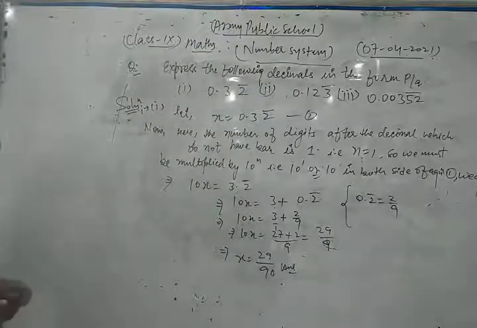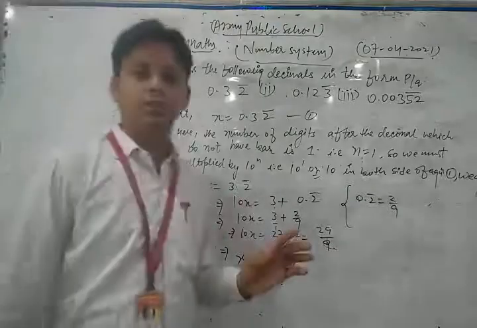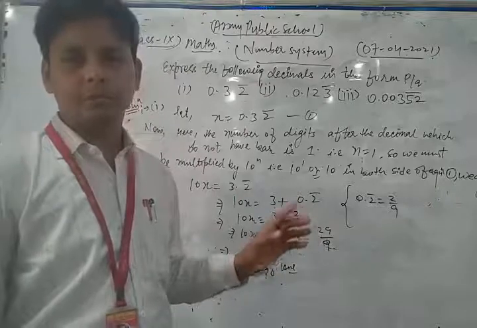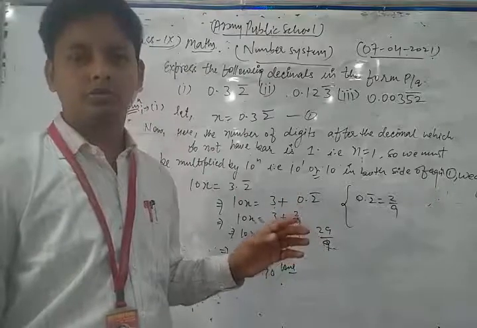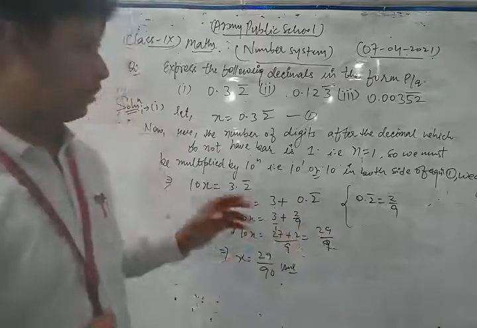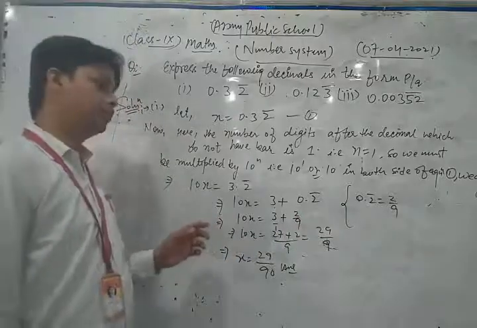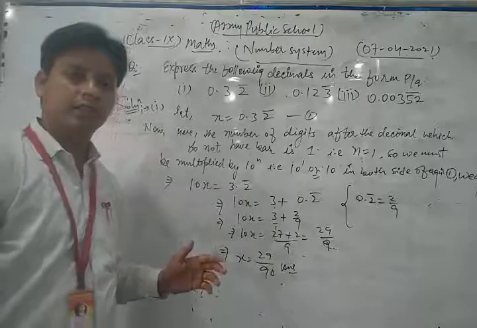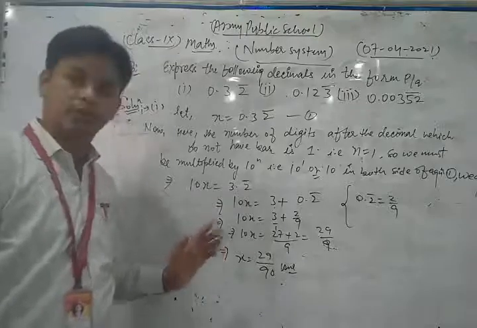So this is one of the most important questions related to your syllabus. Please, dear students, do more and more practice of that type of question. After that, you can solve each and every question of your NCERT exercise based on these topics.